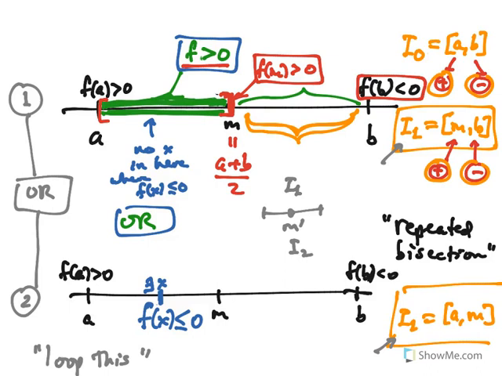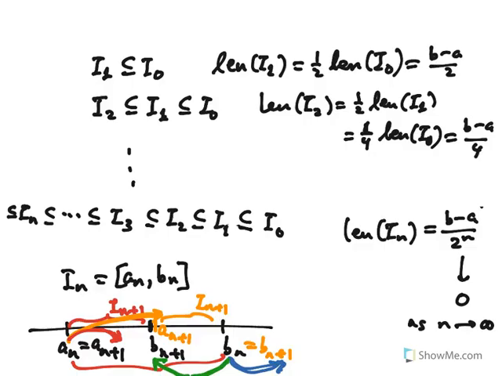Now in case 2, we can't say that because we don't know what's happening at m. What defines case 2 is the existence of this x here, so we really don't know what's happening at m. But we do know that the left endpoint in the updated interval, the half we choose is this half, and so at its left endpoint the function still takes a positive value. We just can't say what type of value it takes at m. But it certainly takes a positive value at the left endpoint, and that's going to continue to stay true as we subdivide further and further. At the left endpoint, we'll always have a positive value.